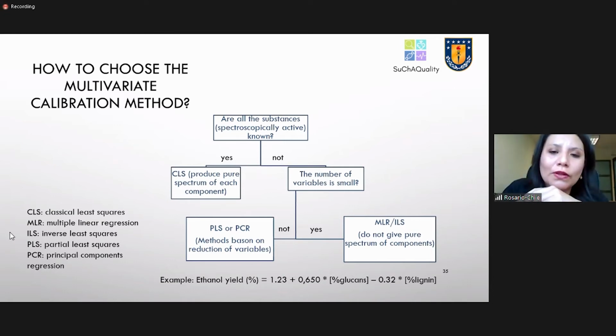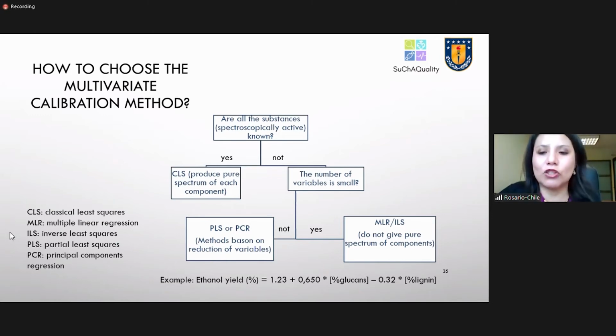If we know the chemical composition of our samples, that is to say, if I know how many components I have in my sample, and the answer is yes, the CLS, classical least squares, or extension of the Lambert-Beer law, will be applied or could be applied. But if I don't know how many components my sample has, the answer is no.